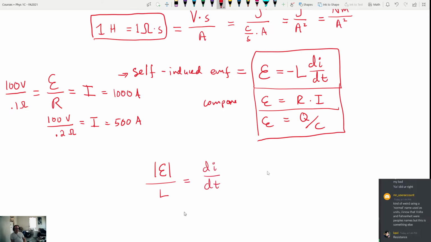So what this tells us is that the bigger the value of L, the smaller the rate at which the current builds up is going to be. You can think about this as being the rate at which the current builds up in the circuit over time.